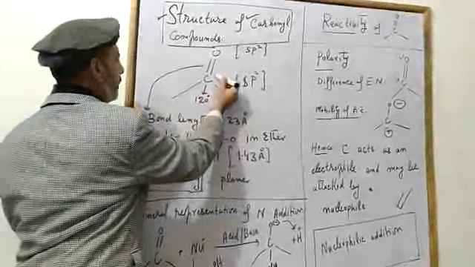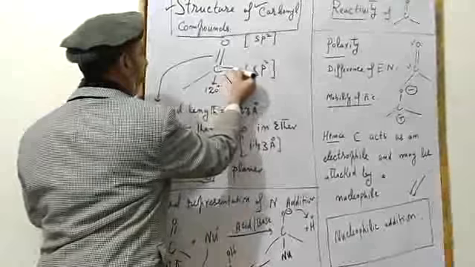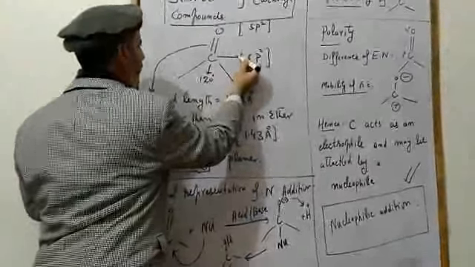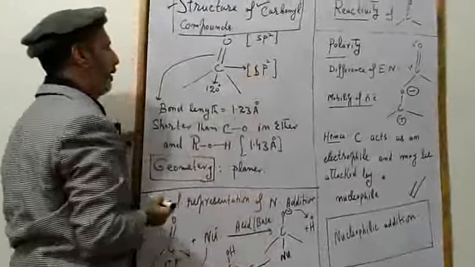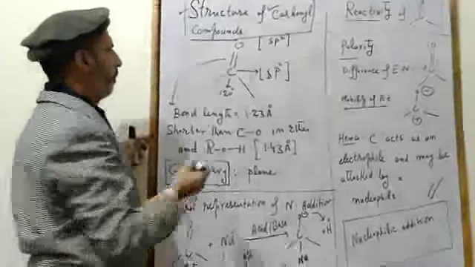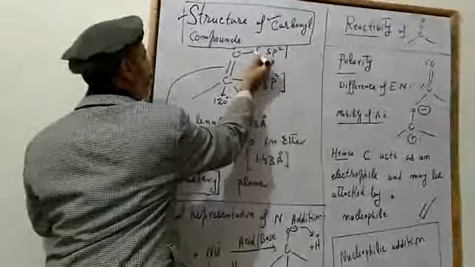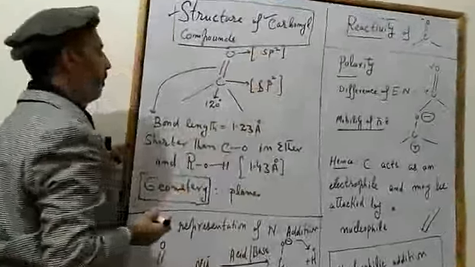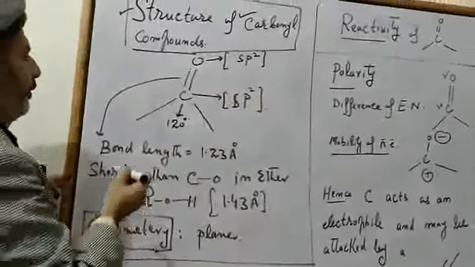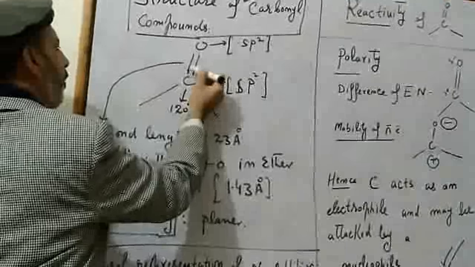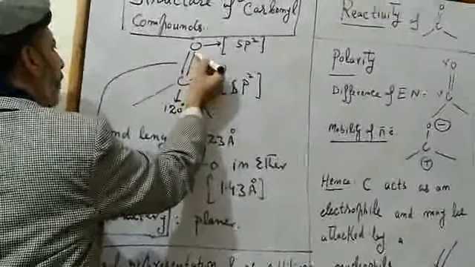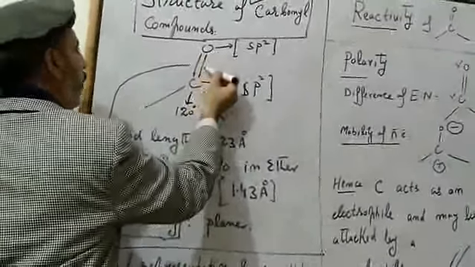Here this carbon of the carbonyl compound is sp2 hybridized. Oxygen is also sp2 hybridized. We have a double bond between carbon and oxygen.